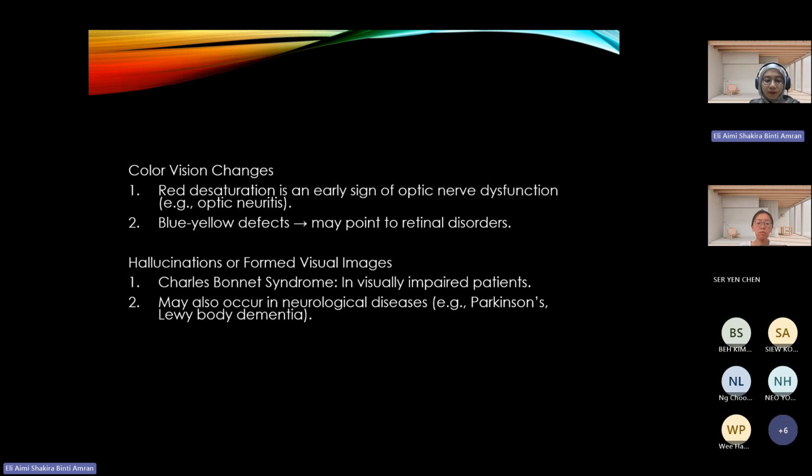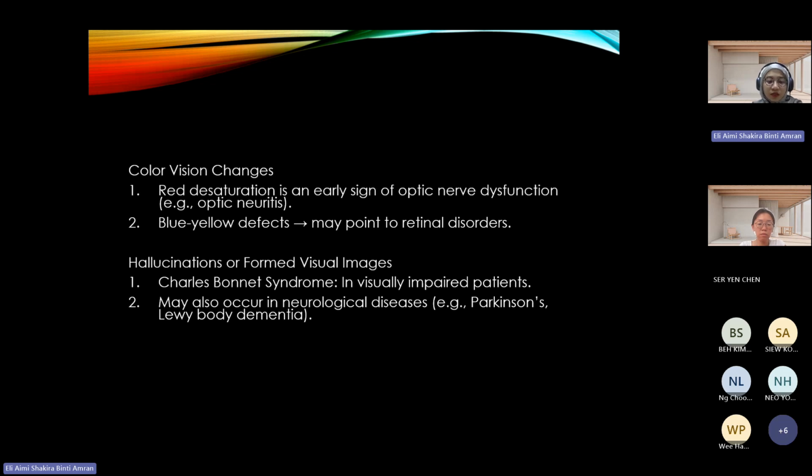Okay. So hallucinations, or formed visual images, especially for a patient with TBI, traumatic brain injury, or stroke. They can experience delirium. Delirium is when the patient is half conscious, which can be mild, moderate or severe.